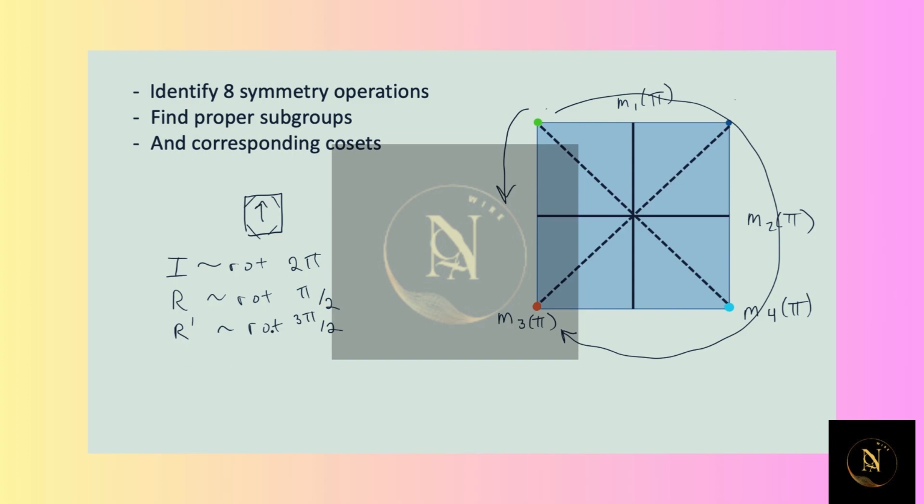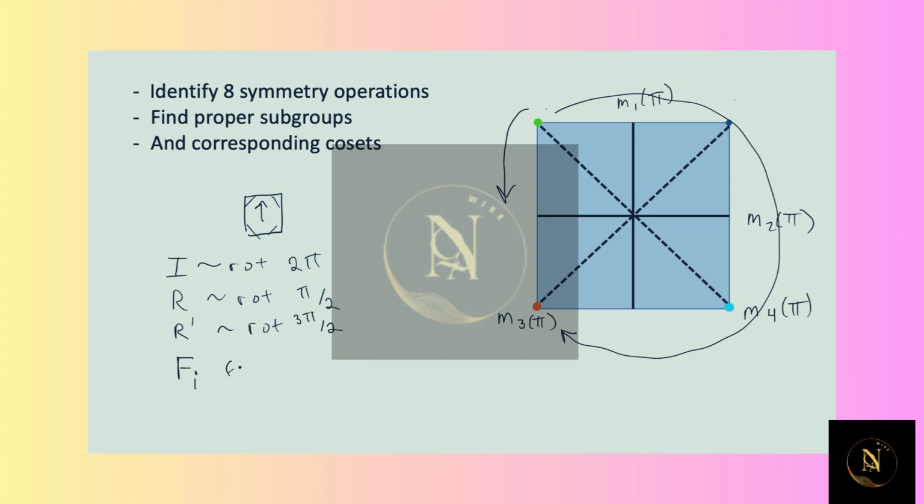And then also we'll have flips. So here we have 4 axes, and we're going to have a flip across each of those axes. I'm going to label it F sub i.